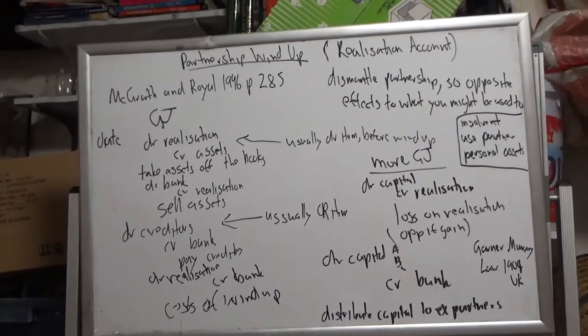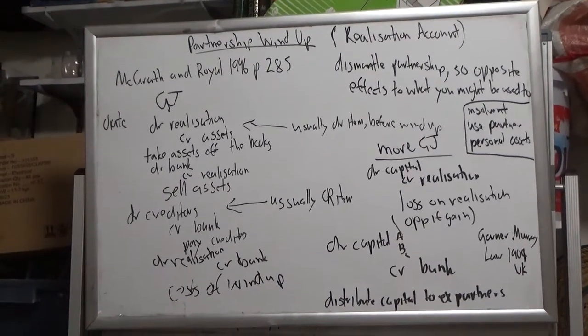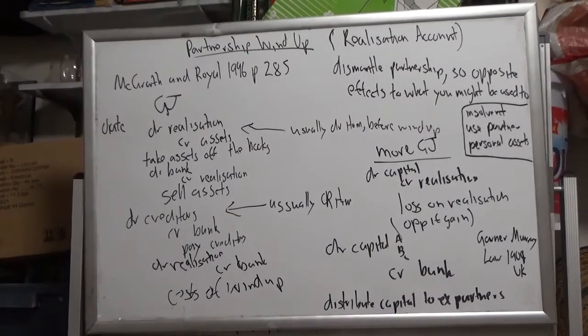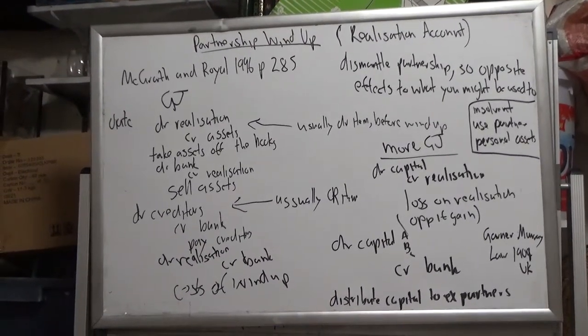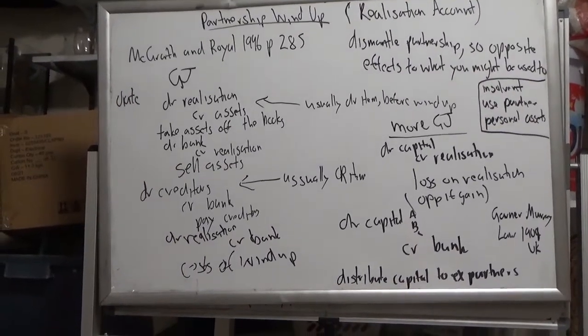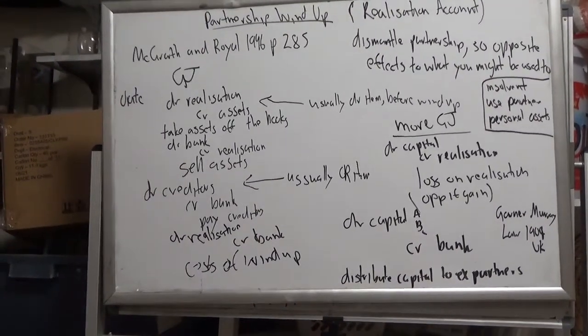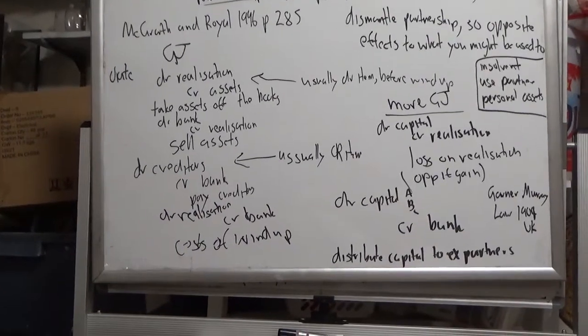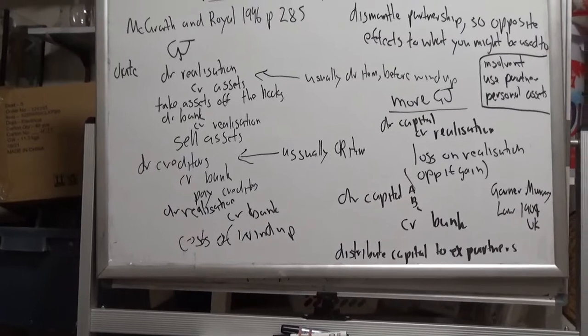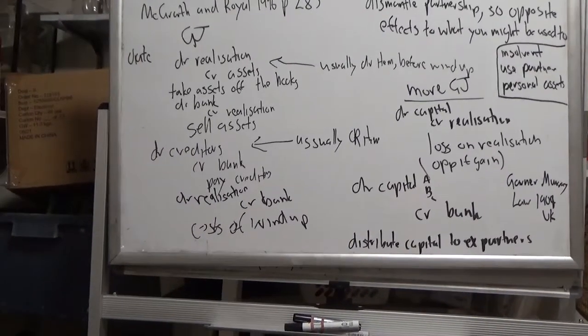When you sell the assets, you debit bank, credit realisation. Get this in sequence too. This isn't in the right sequence. It should have been debit creditors, credit bank first. Usually a credit item, creditors, but because you take creditors off the books, you debit creditors, reduce it.